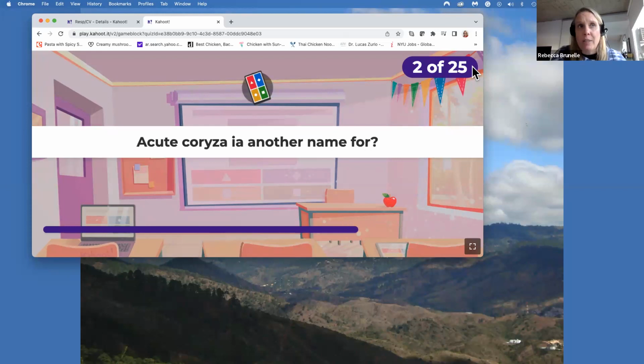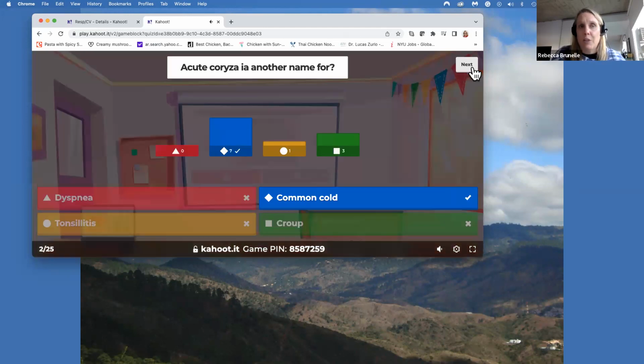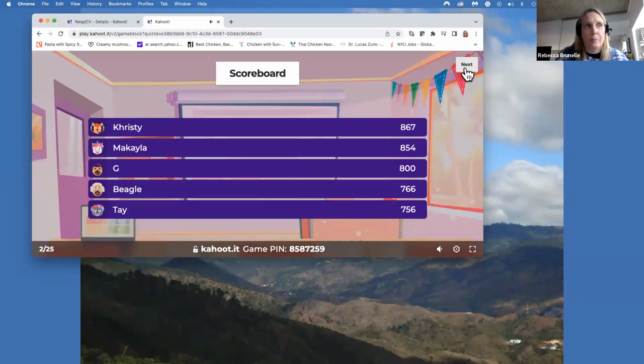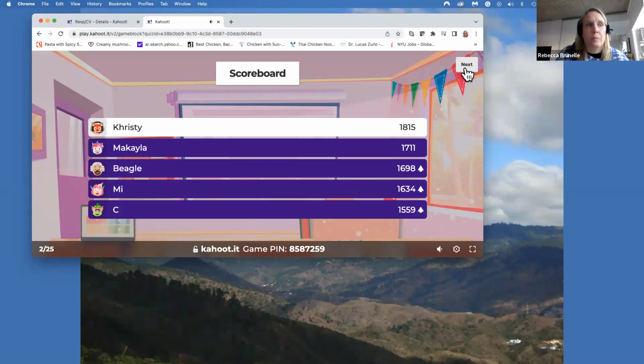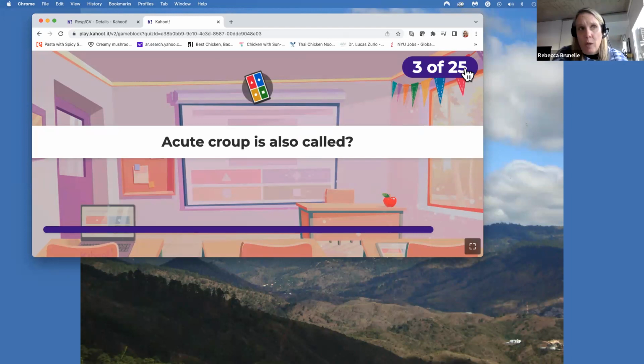So acute coryza is another name for what? Dyspnea, tonsillitis, the common cold, or croup. Yeah, so that's the common cold. That's the other name for the common cold. So acute croup is also called what?